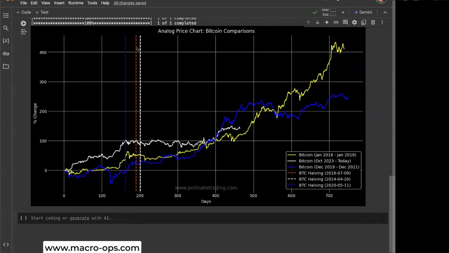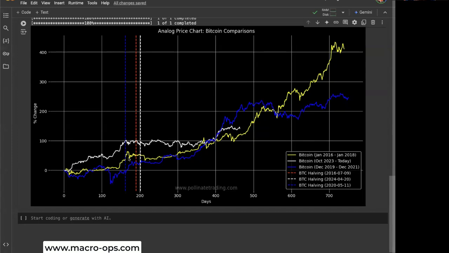Okay. And then these vertical lines are the halvings. This is when Bitcoin halved, and simply, about every 4 years, Bitcoin cuts in half the amount of rewards that they give for solving the Bitcoin equation or problem. It's the reward.